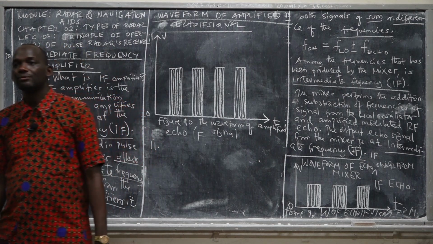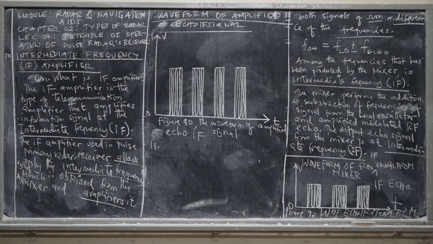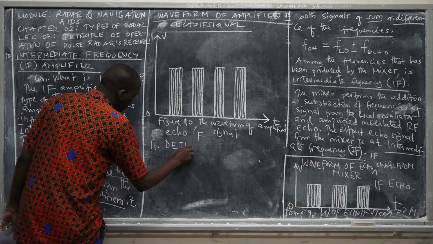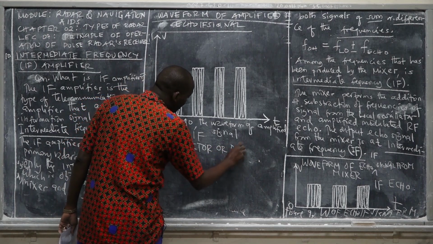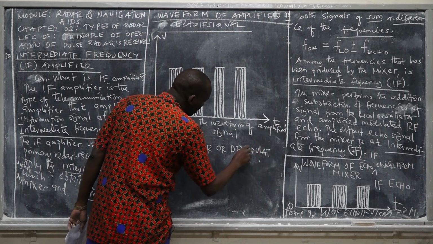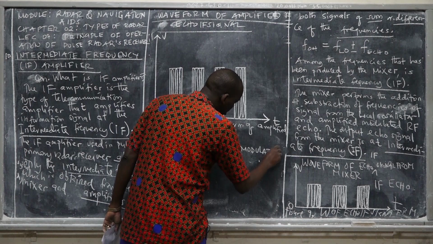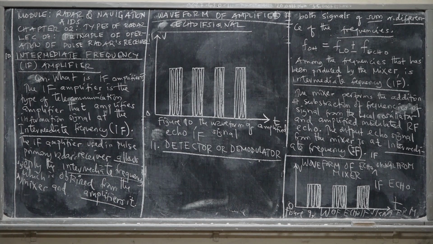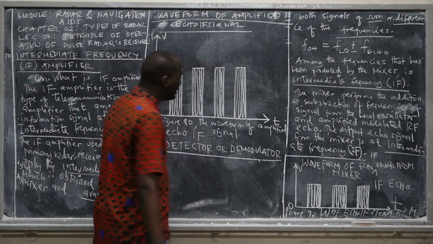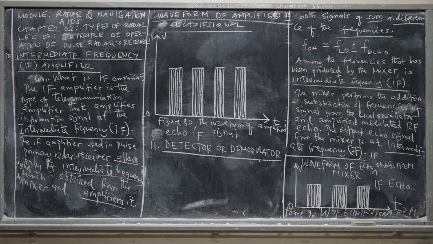Block number 11. It's called what? Detector, or we call it demodulator. So say detector or demodulator.